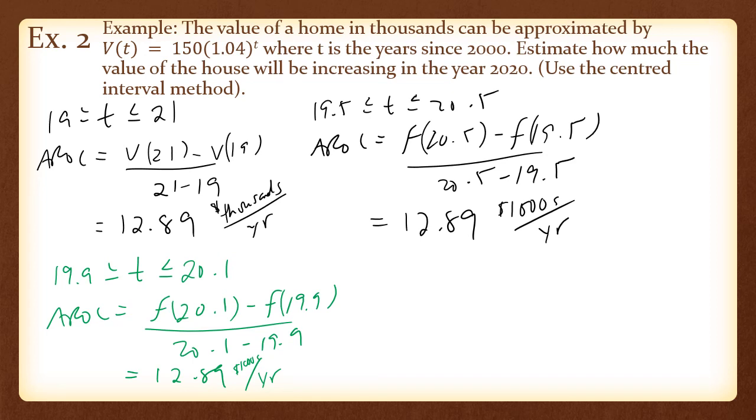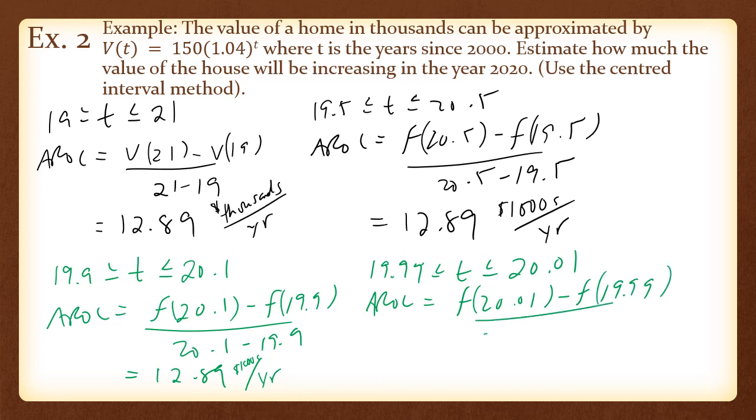Gotta do it a 4th time. 19.99 and 20.01. IROC equals f of that minus f of 19.99 all over b minus a. And spoiler alert, we get 12.89 thousand per year.